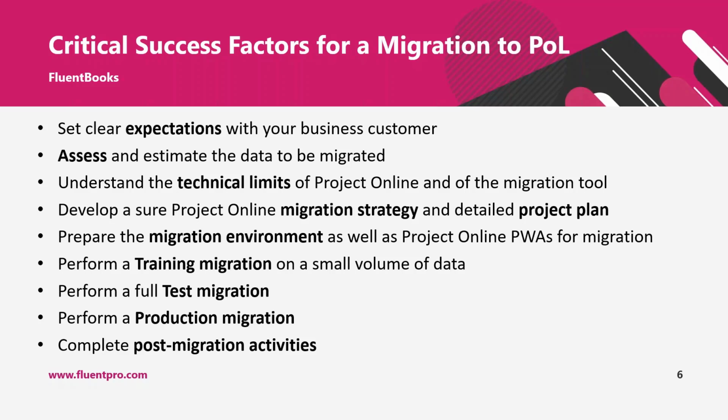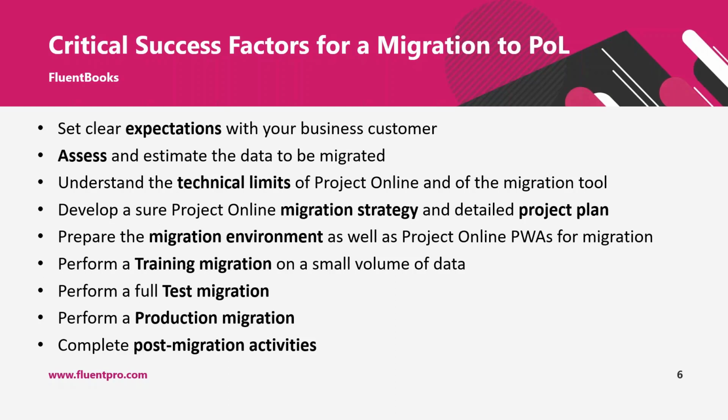The next factor is understanding the technical limits of Project Online itself and of the migration tool of Fluentbooks. And by that, I mean that it is necessary to take into account that migration to Project Online is not a database upgrade. This migration is done via API.